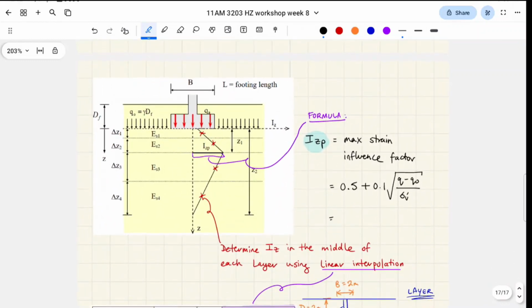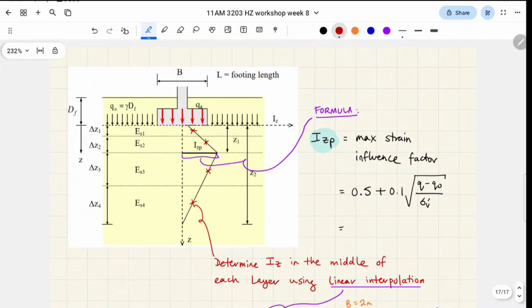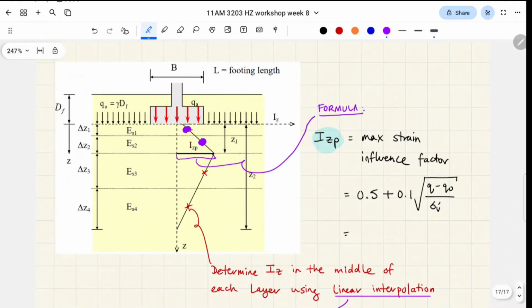Okay, here's where it gets a bit funky. Basically, this is a general graph that we're given, and we were dealing with strip footing. This is from the geotech notes, it's also in my notes if you want. The end goal is to get the IZ of each layer that we care about.